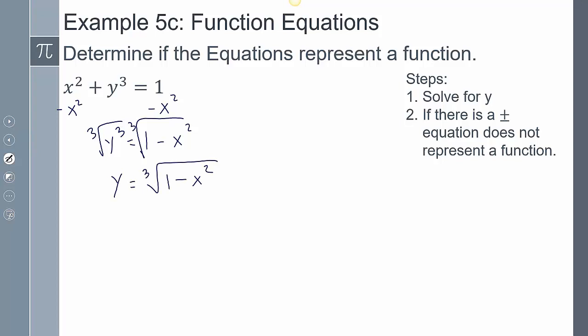Now in examining this, we might be thinking to ourselves, oh, okay, well I took a root, therefore there must be a plus or minus. Remember, you only get a plus or minus when you take an even root. Since this number was odd, it's not an even root, therefore there's no plus or minus. So because I don't see a plus or minus, this is a function.